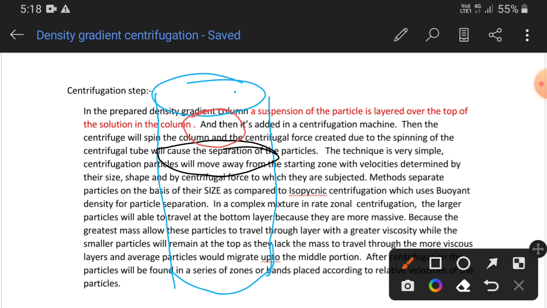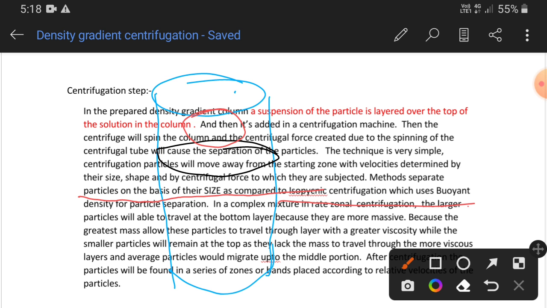That means their size and shape will play a great role, because on that basis the centrifugal force acts differently on different particles. That is the difference between isopycnic centrifugation and rate zonal centrifugation, because here we are separating particles on the basis of size, but in isopycnic centrifugation density is used.